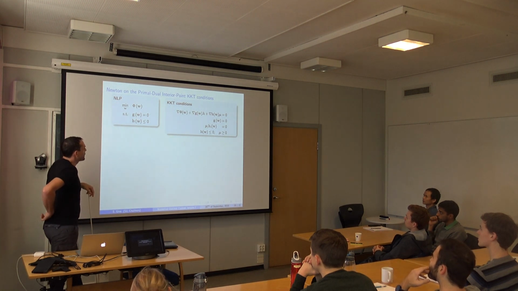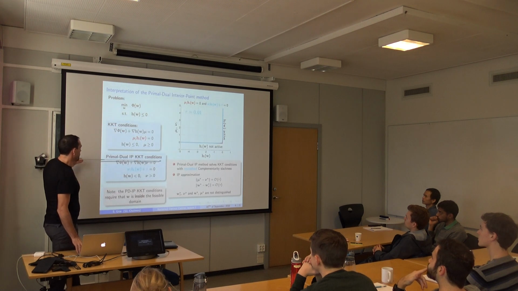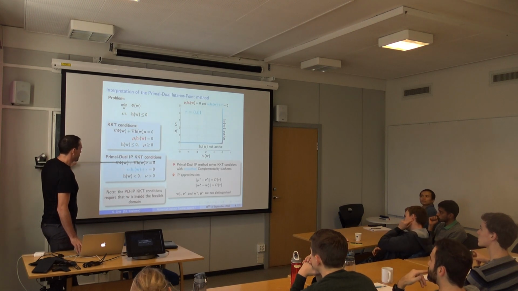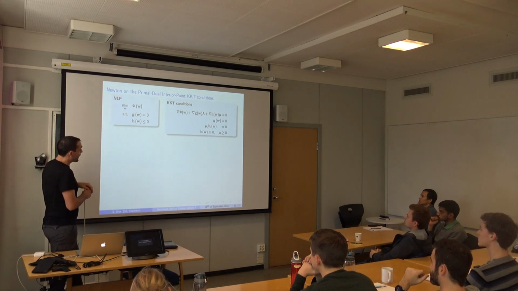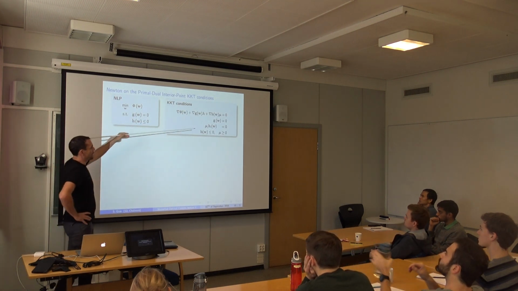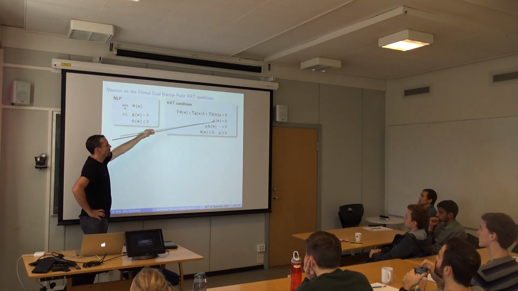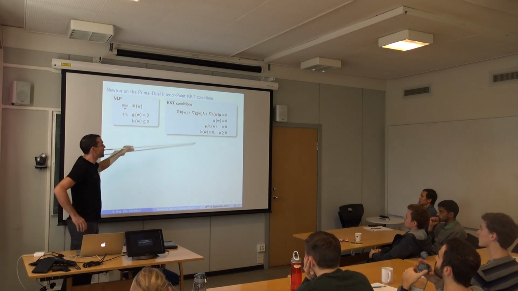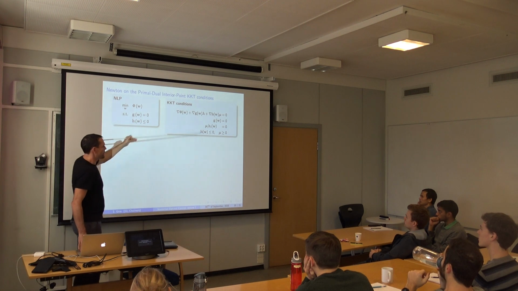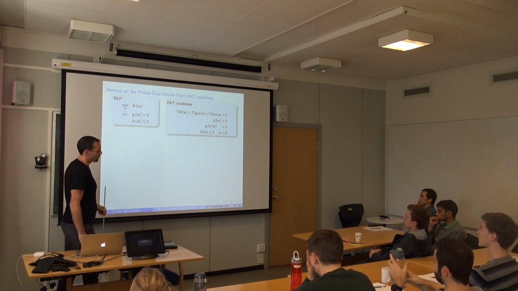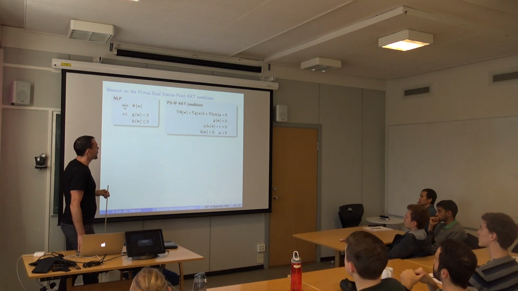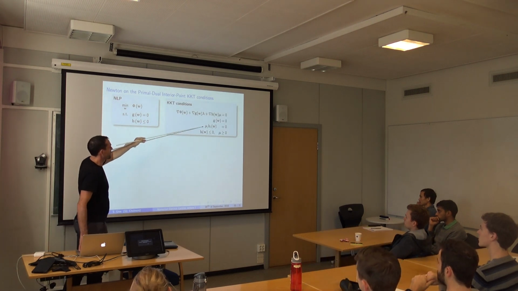Okay, then we can go one step further and discuss how you actually deploy Newton when you use these primal dual interior point KKT conditions. So the KKT conditions, now I can throw back my equality constraints in the game. It doesn't change anything of what I said. The equality constraints, that's always the easy part to handle in the solver in principle. So these are the original KKT conditions.